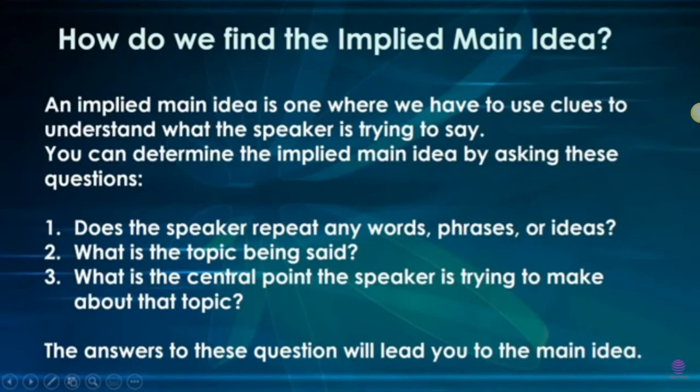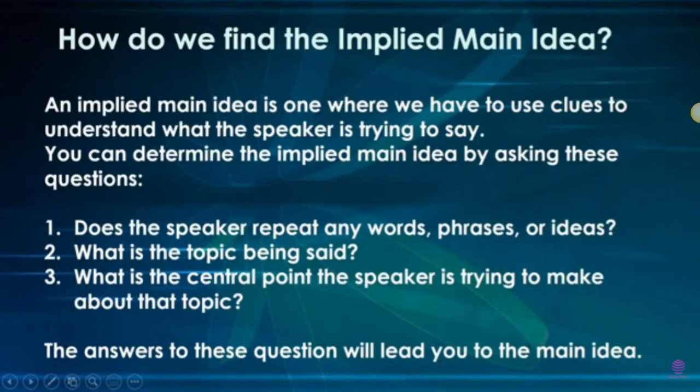So how do we find the implied main idea? An implied main idea is one where we have to use clues to understand what the speaker is trying to say. We can determine the implied main idea by asking these questions. Number one, does the speaker repeat any words, phrases, or ideas?